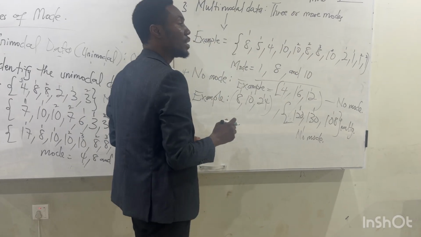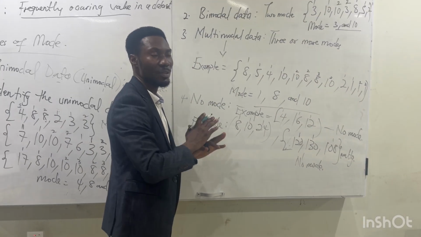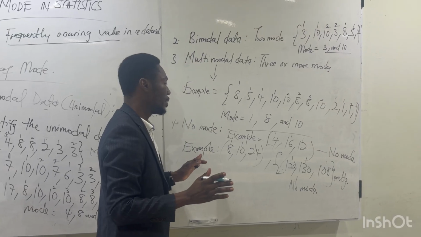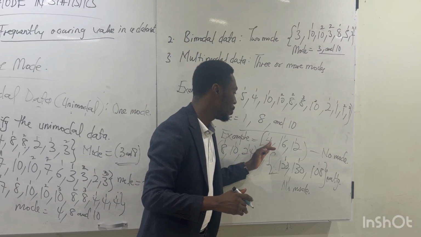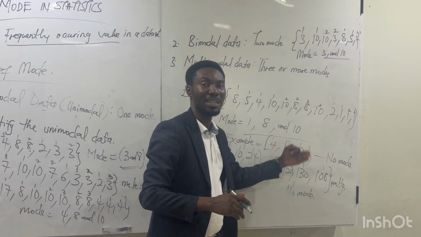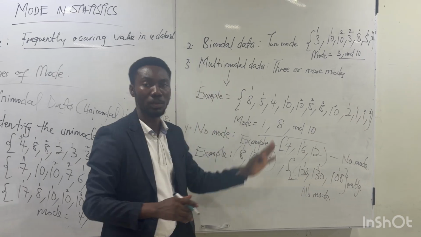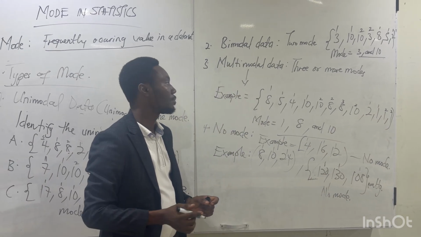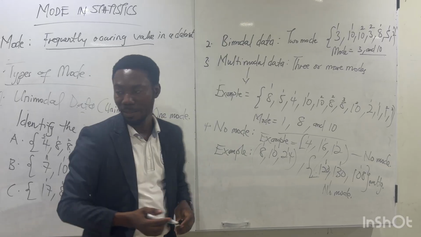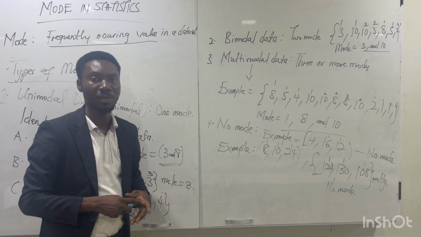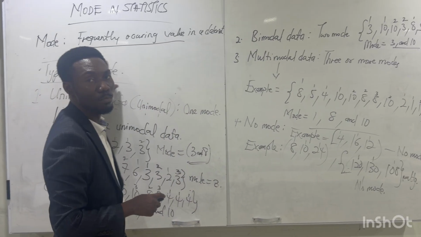So if we give you a data set where no value is occurring more than once, all of them occurring once, we say no mode. Simple as that. Great. So these are the various types of data that we can have in terms of mode.